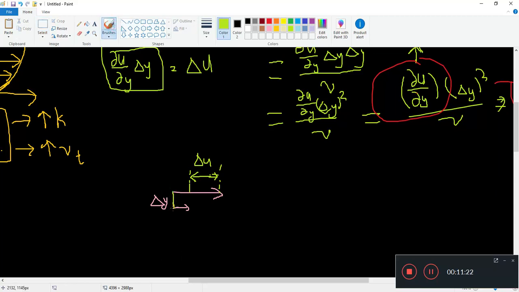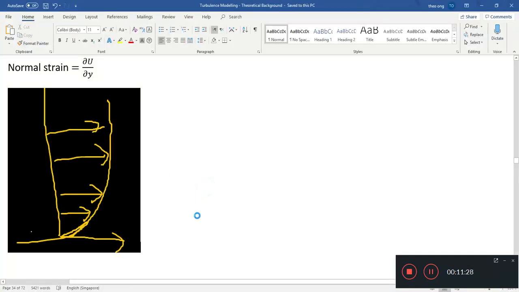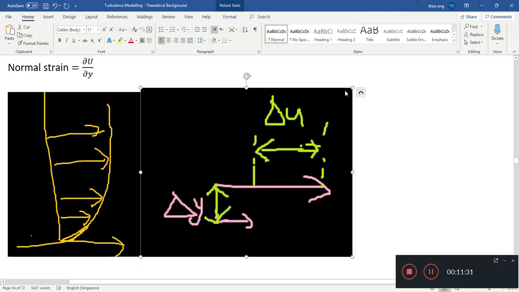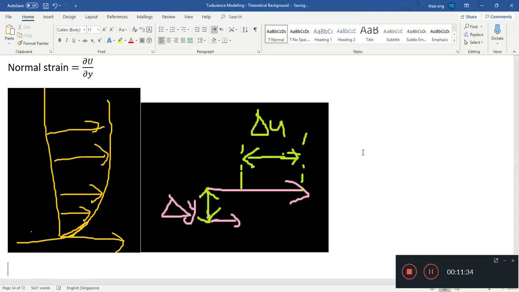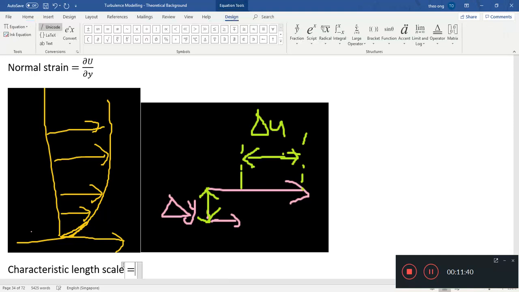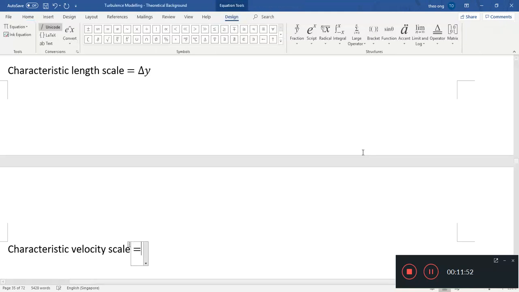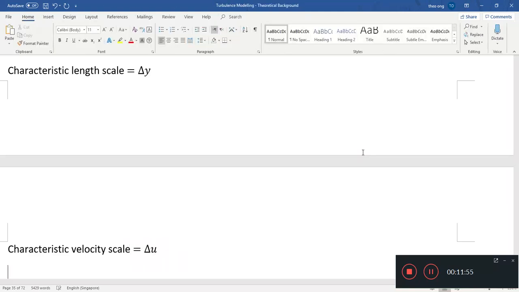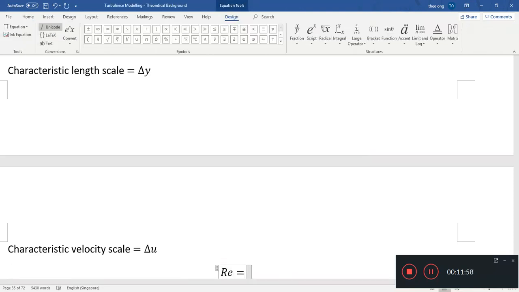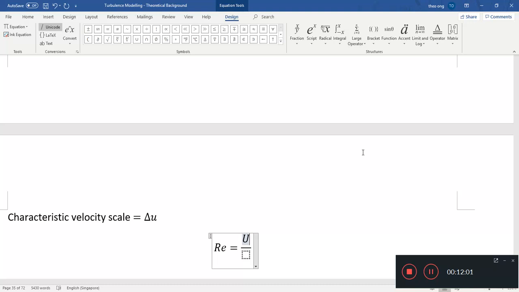Let's do this here. I just want to record this down. This is pretty important for me. Characteristic length scale equals delta Y, characteristic velocity scale equals delta U, Reynolds number equals U into L, or UX over nu.